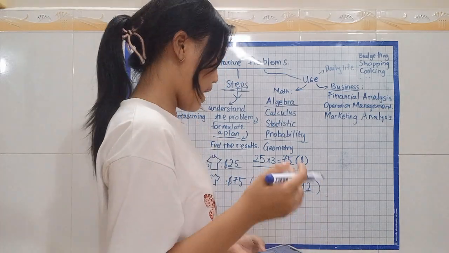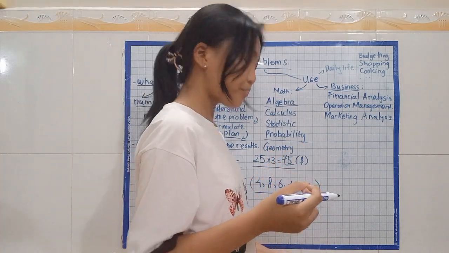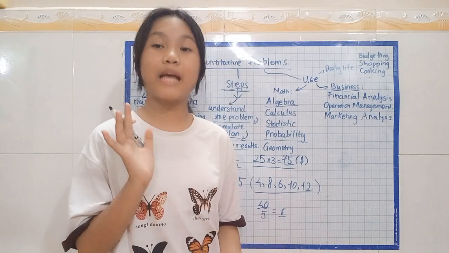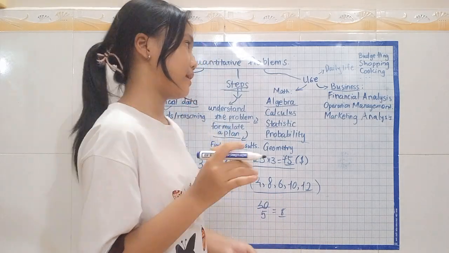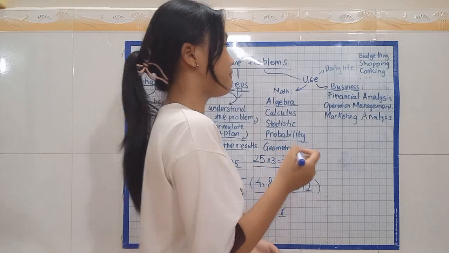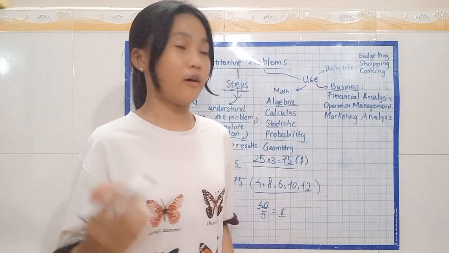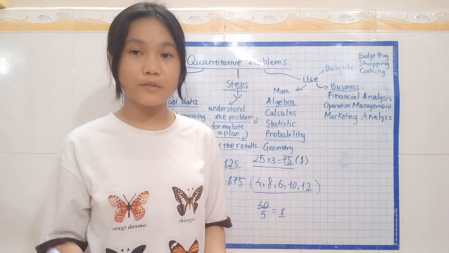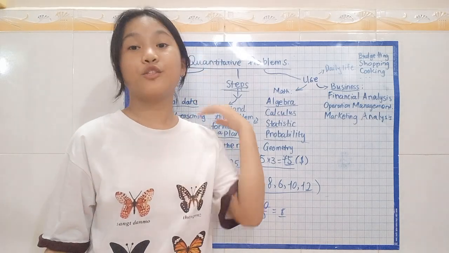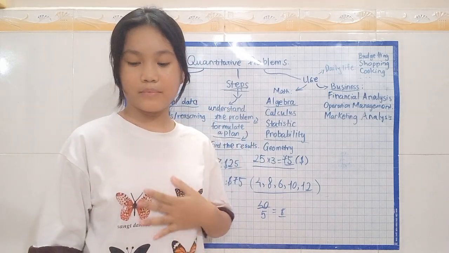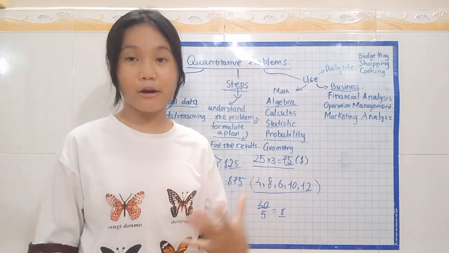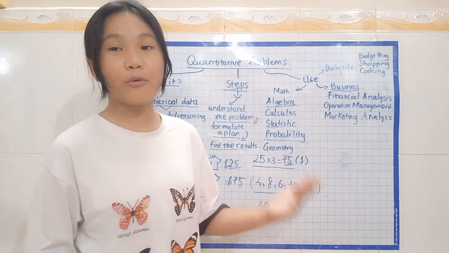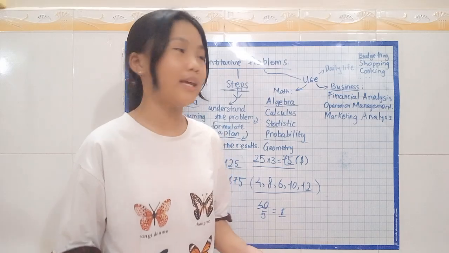So let's look at its use in daily life. In daily life, there are actually a lot of uses. First is personal finance, or basically budgeting. You could use quantitative problems to budget, tracking income and expenses, and tracking the needs of your family monthly or annually.